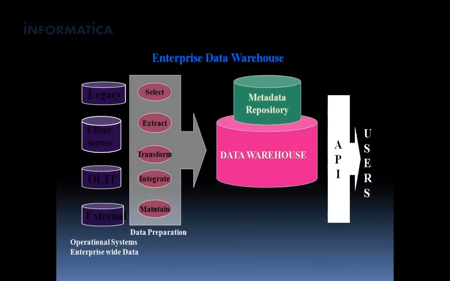Another kind of architecture is called the enterprise data warehouse architecture. This is widely used across many projects. It will have the staging area, and if the project demands, it will have the ODS region, and we load the data into a single database which acts as the data warehouse.